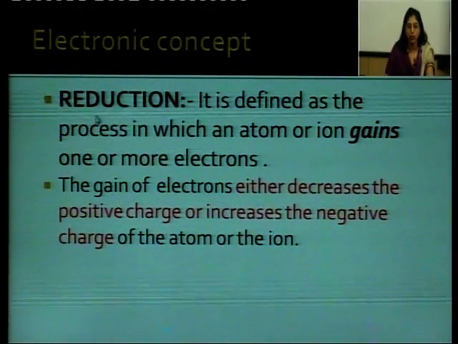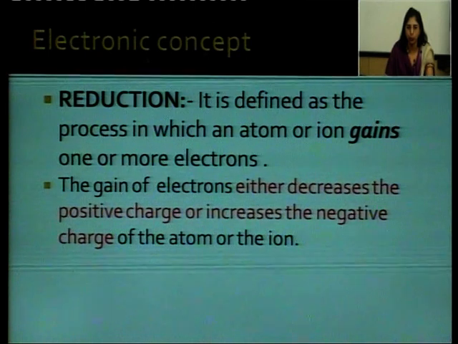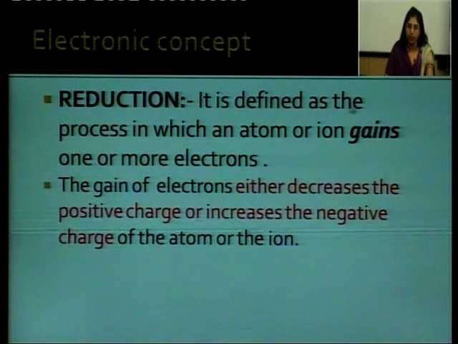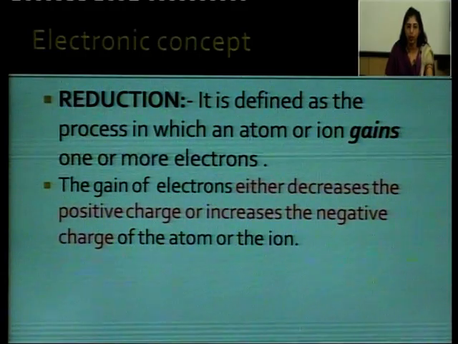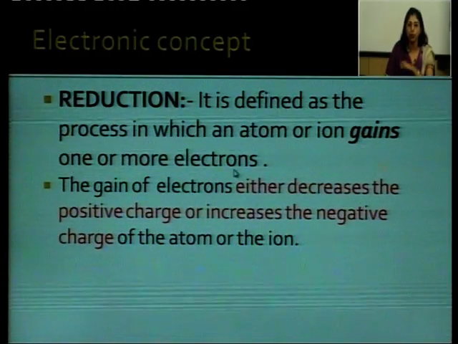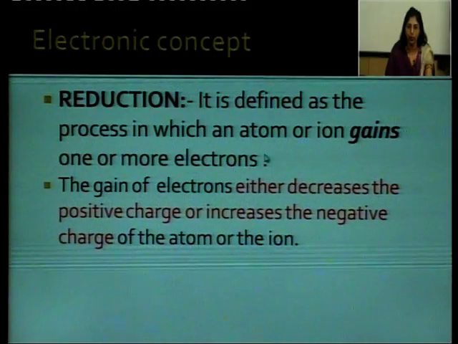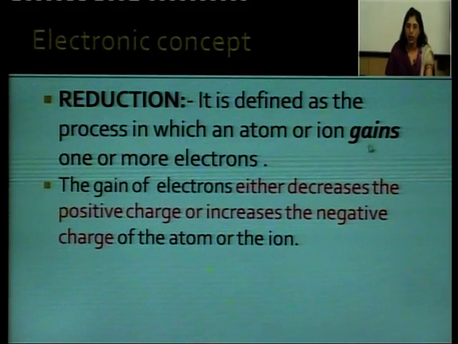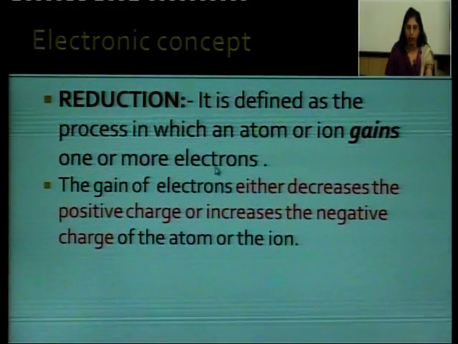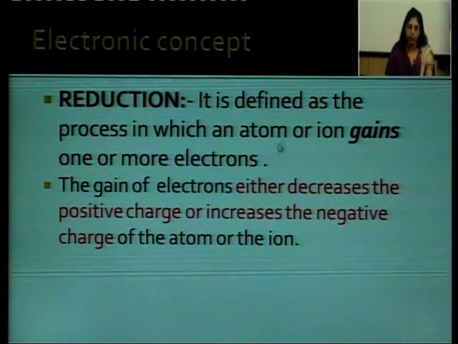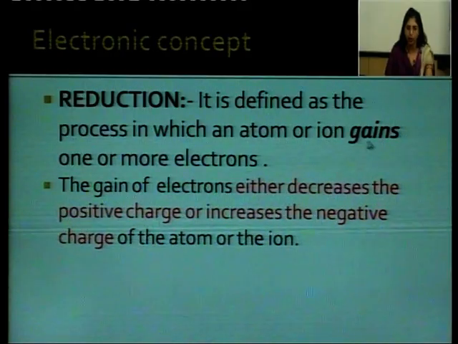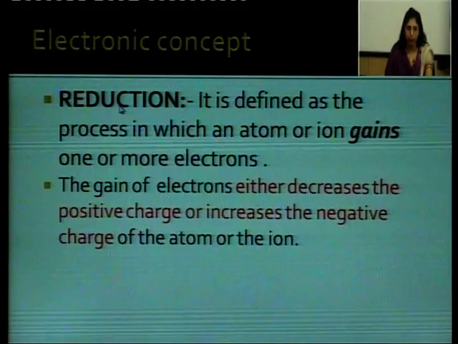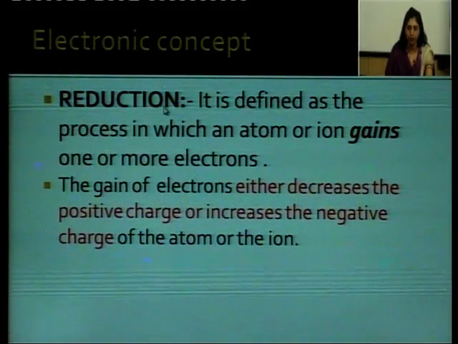Now, what is reduction according to electronic concept? It is defined as the process in which an atom or ion gains one or more electrons. That means, again the reverse of oxidation, here gain of electrons is taking place. When an atom or ion gains electrons, the process is said to be reduction.